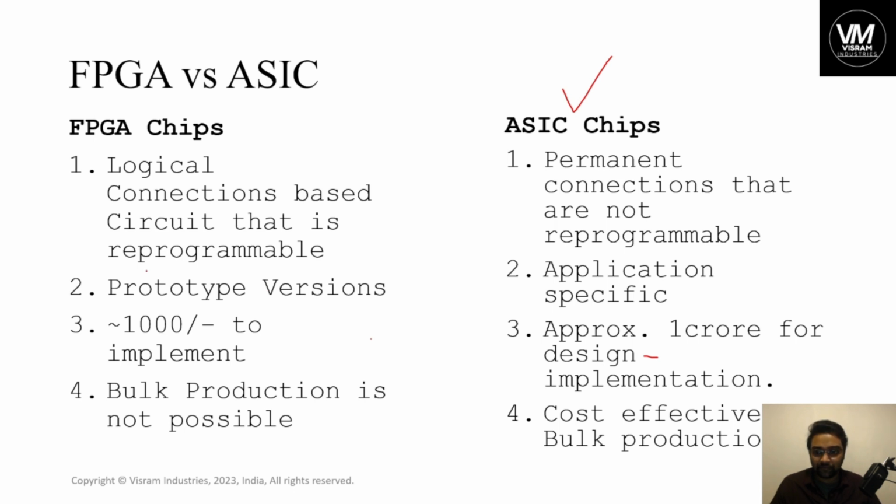But for one FPGA itself, it costs around 7000, and if you want to make it in bulk, 7000 into the same quantity, crore, that is 7000 crores. So FPGA chips are not produced in bulk, and you can reprogram and redesign the FPGA for your own industrial applications.